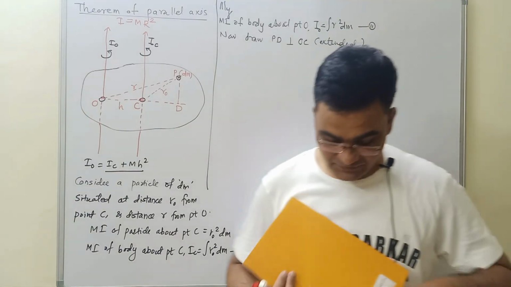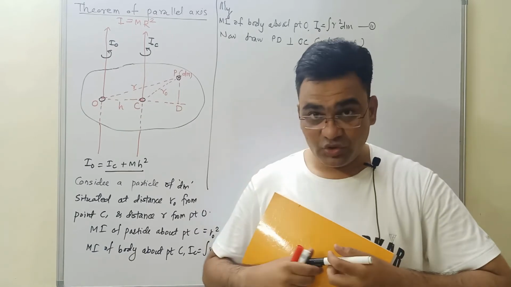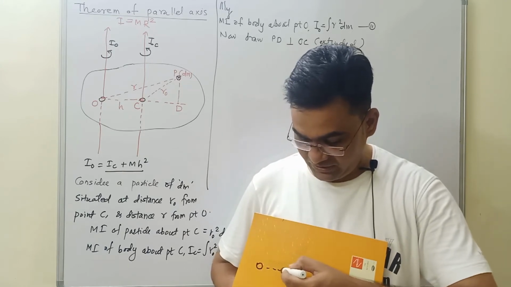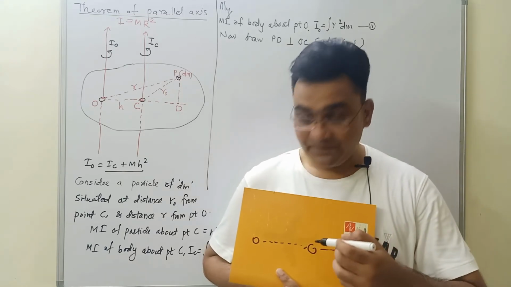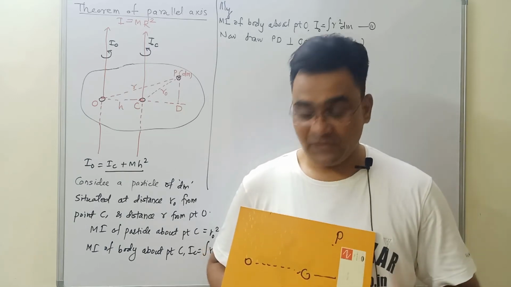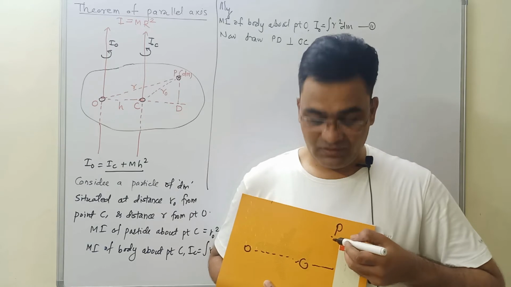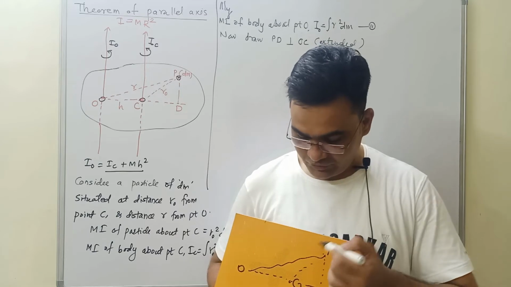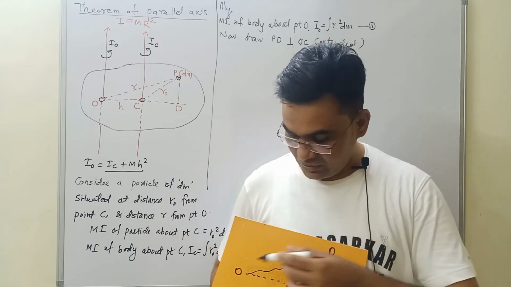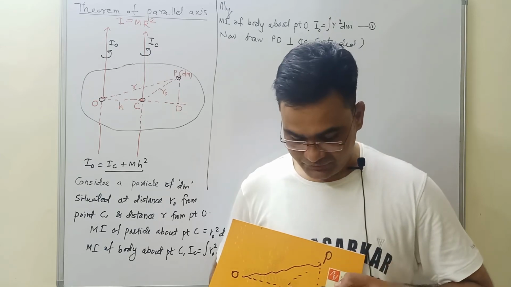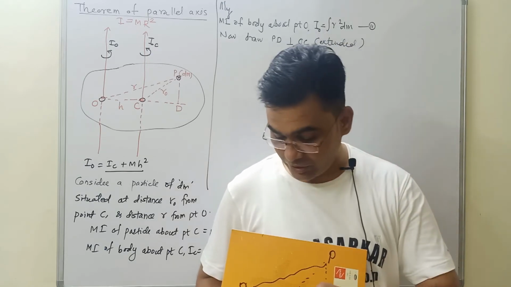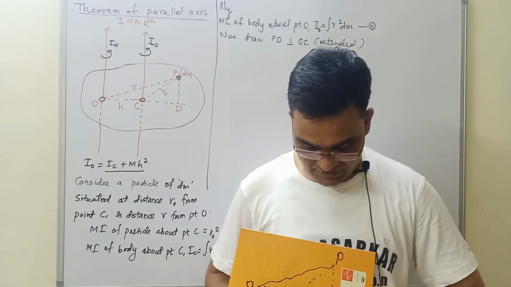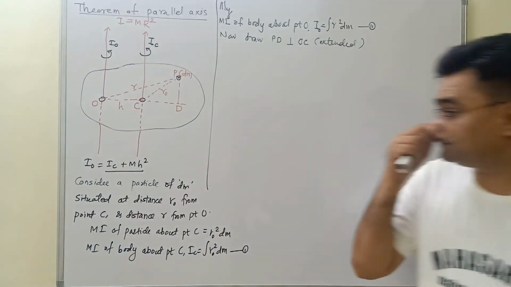Suppose this is the notebook, this is point C, this is point O, and this is point P. From point P I have drawn a perpendicular here and joined these two points. As you can see, a right angle triangle ODP is formed here, where the distance between O and C is H and the distance between O and D is, say, X.